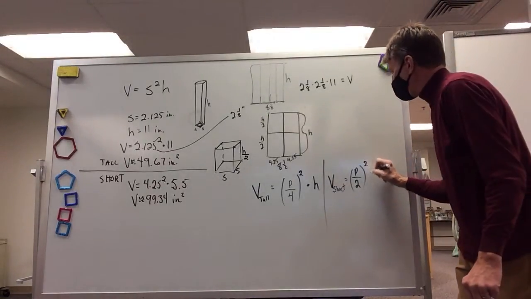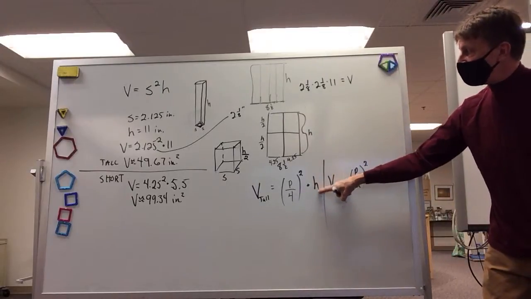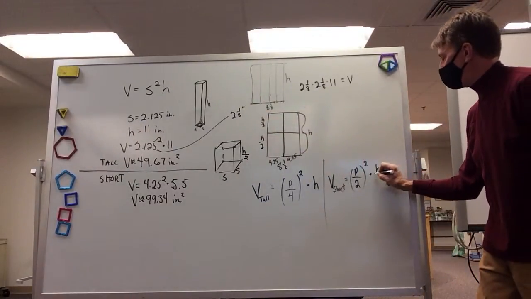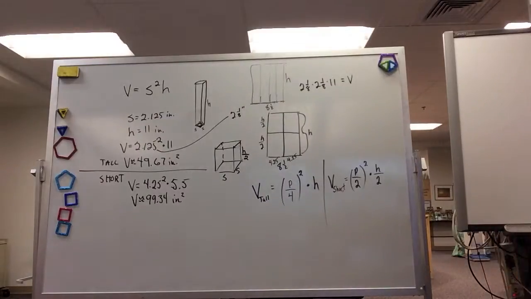So we take that and we square it, but then we don't multiply it by the height here. We multiply it by this height. This is probably the most complex algebraic manipulation we've done so far.